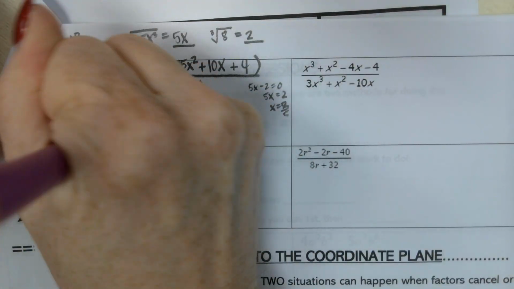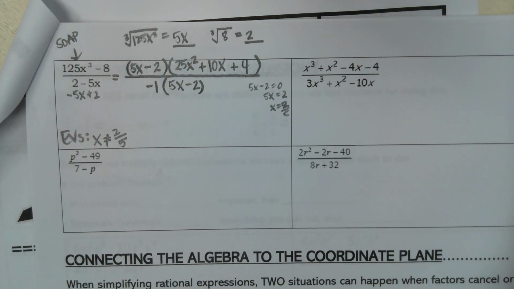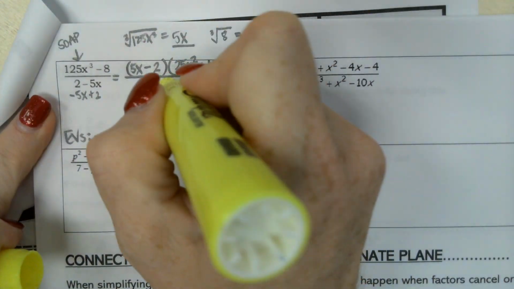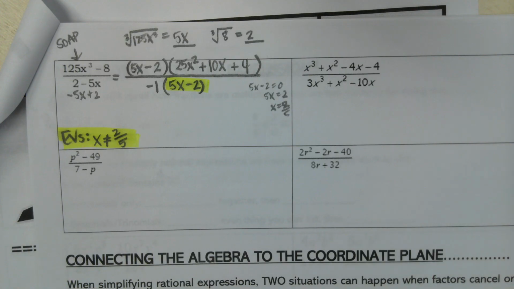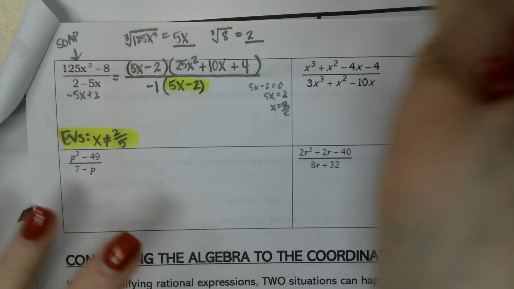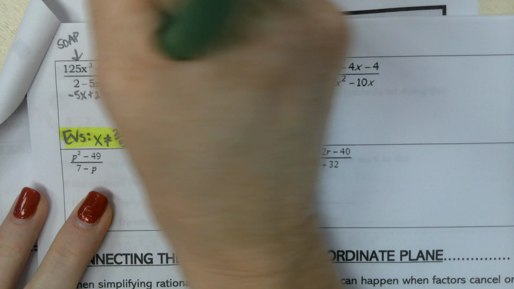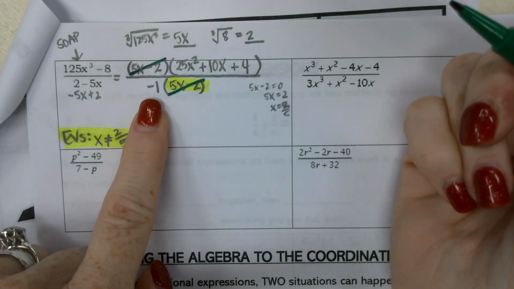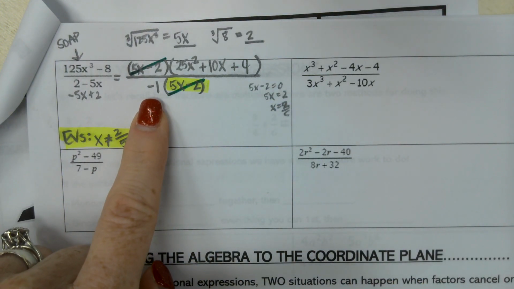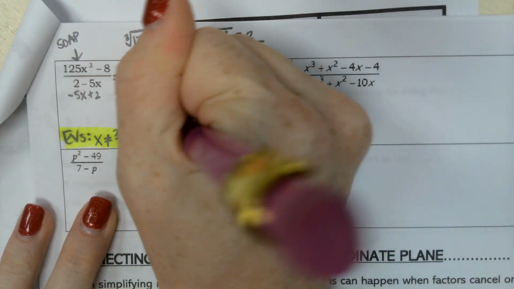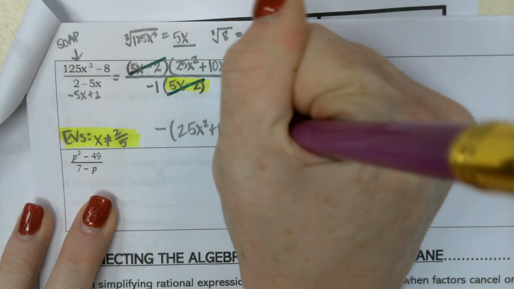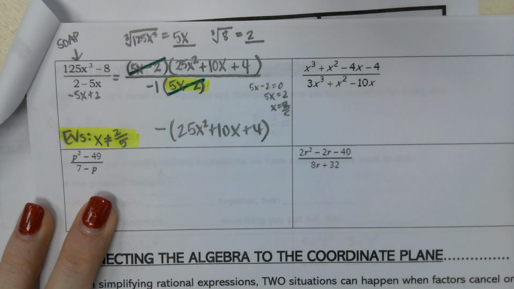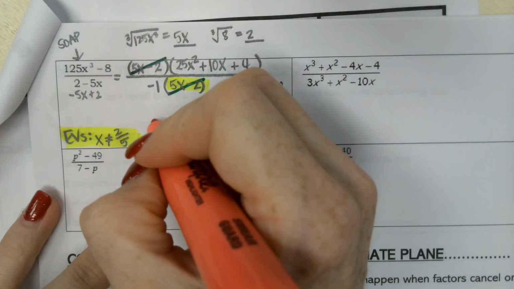So my only excluded value is I'm not allowed to have 2/5. What do I have alike? Now, if all I'm left with is a negative 1 down in the bottom, are y'all okay if I just give that negative to the negative 25x squared plus 10x plus 4 and call it done right there?